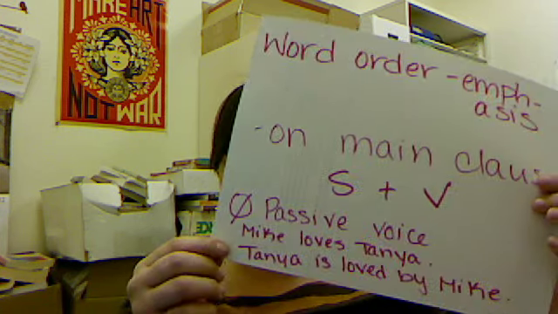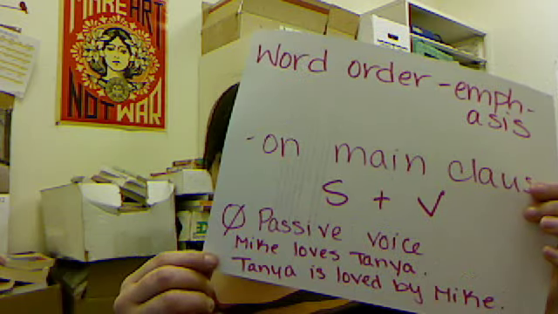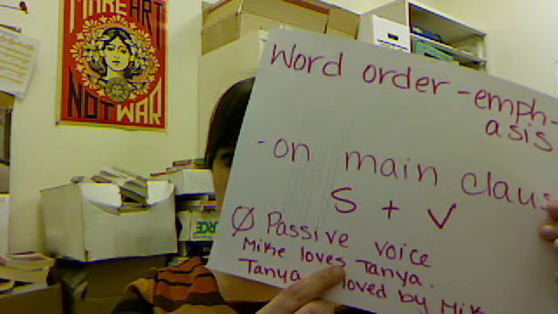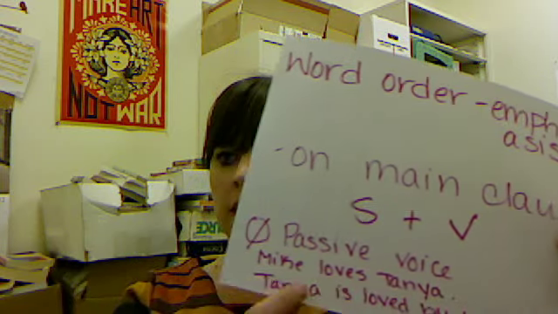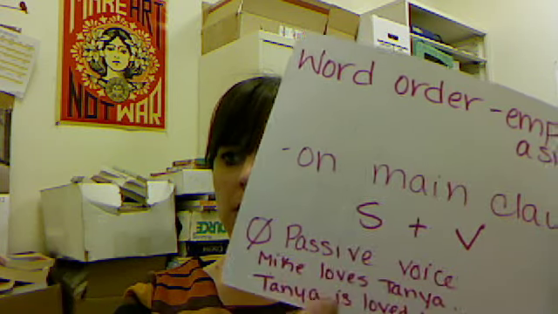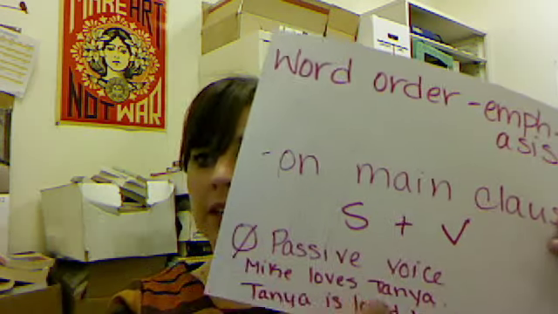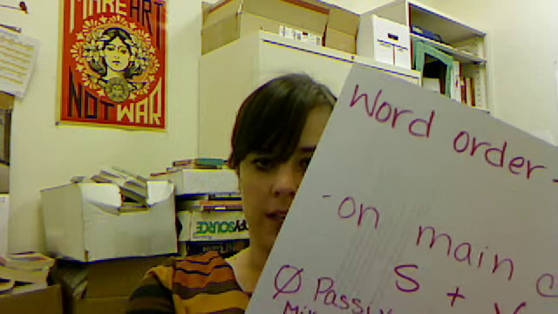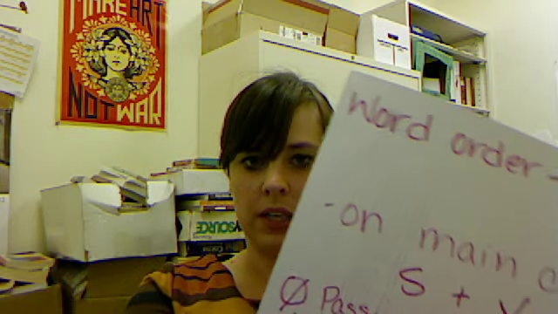One way to do that is to avoid passive voice. Passive voice is when, instead of having subject, verb, object, like Mike is doing something, what's he doing? He's loving. Who's he loving? He's loving Tanya. We add an additional verb in there, and that verb is usually to be or to have.